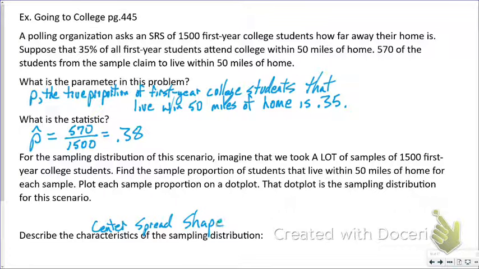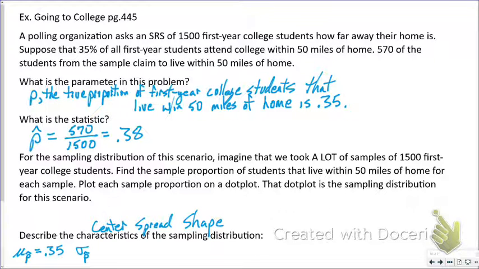In regards to CUS, what we learned back in August, we're just skipping unusual, but that's because there's nothing really unusual about this sampling distribution. So the center, we just looked at it, it was on the previous page. The mean is the true proportion. That's the mean of the hypothetical sampling distribution.